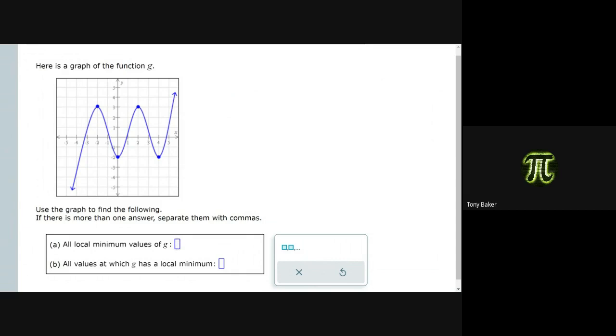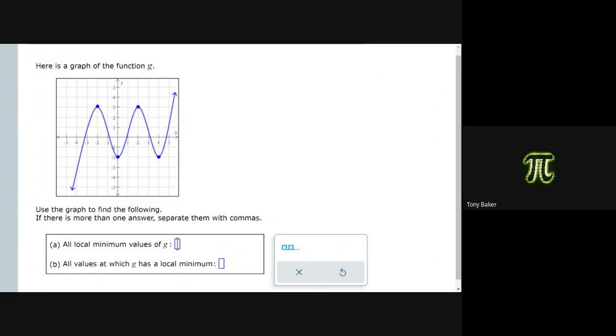One's local and the other one is what? Global. I haven't heard that one before, but that works. We typically use absolute, but global works. So it's typically absolute maximum or minimum and local maximum. It's the same concept: it's the biggest one or the lowest one on the entire graph.